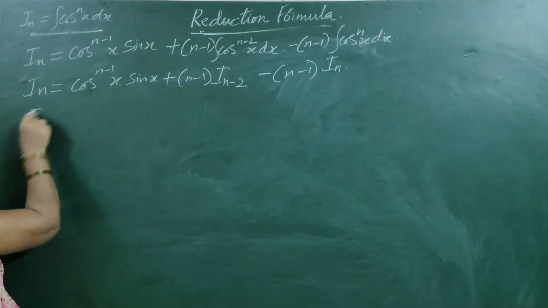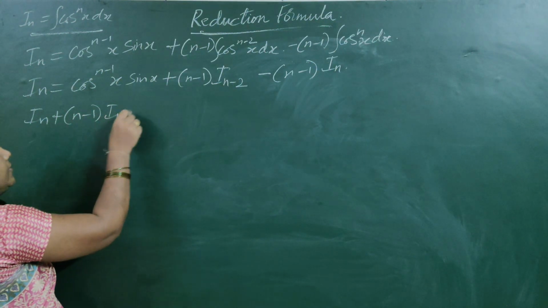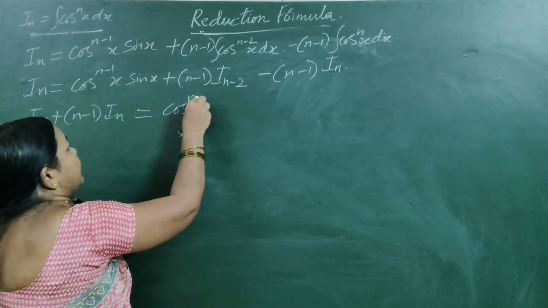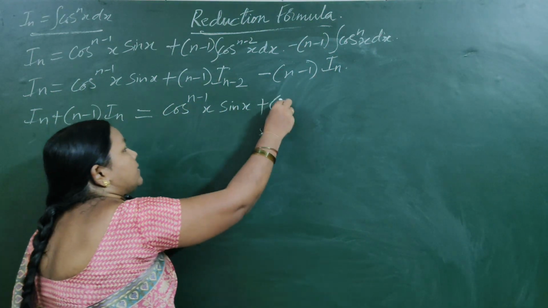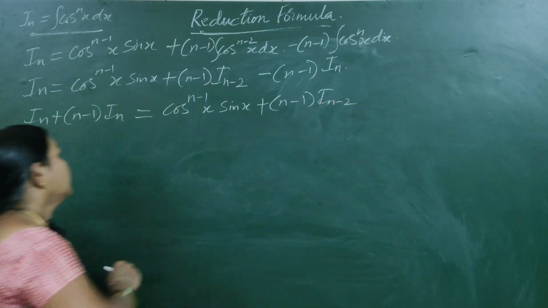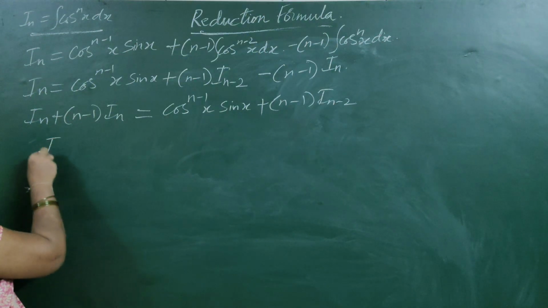Here when we transpose that I n to the left hand side, this minus sign becomes plus sign. That is I n plus n minus 1 into I n equal to the remaining terms, cos n minus 1 x sin x plus n minus 1 into I n minus 2. Here the common term is I n.